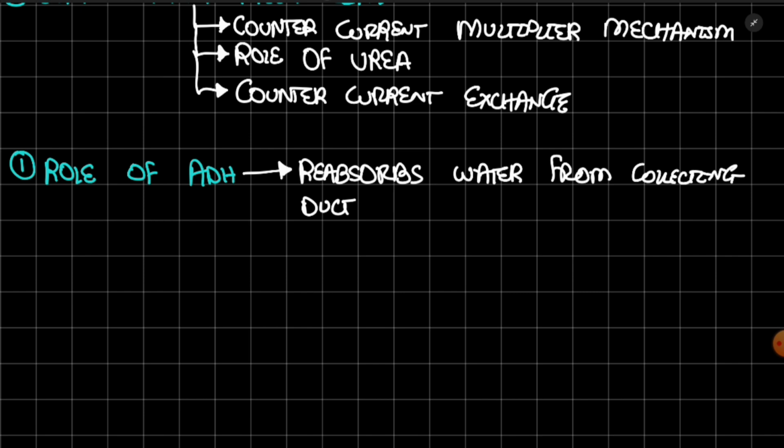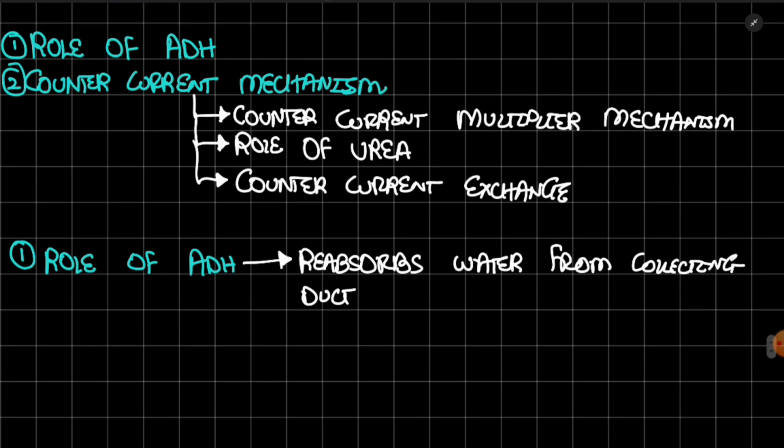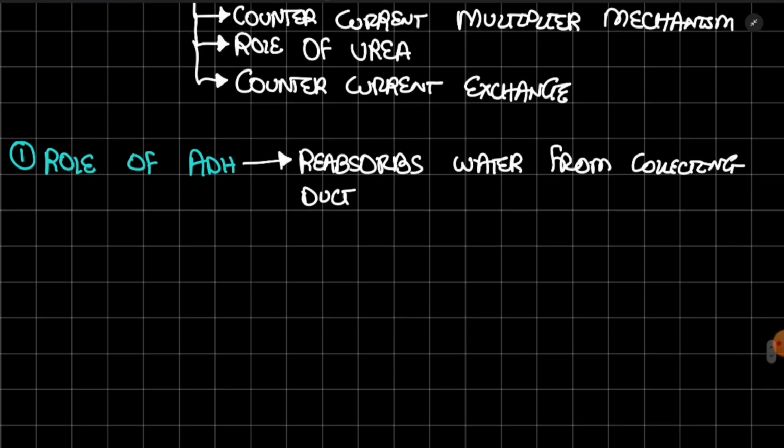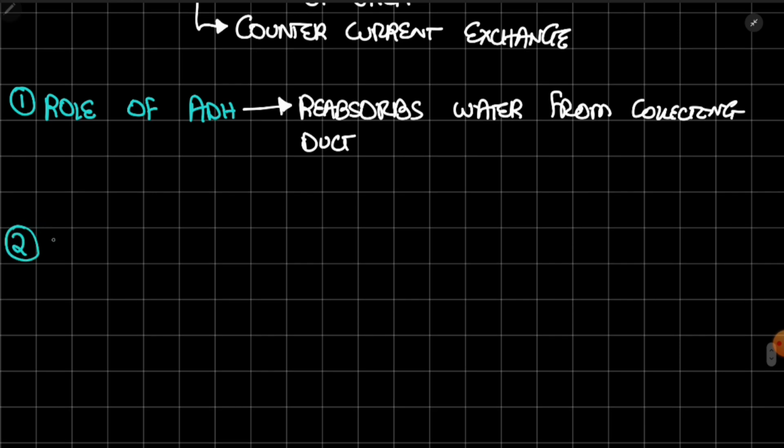It reabsorbs water from the collecting duct or distal convoluted tubule, which increases the concentration of urine. So the role of ADH is important while discussing the counter current mechanism, hence we have discussed it here. Now the actual counter current mechanism.